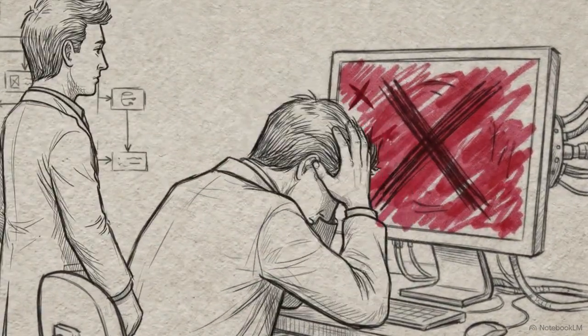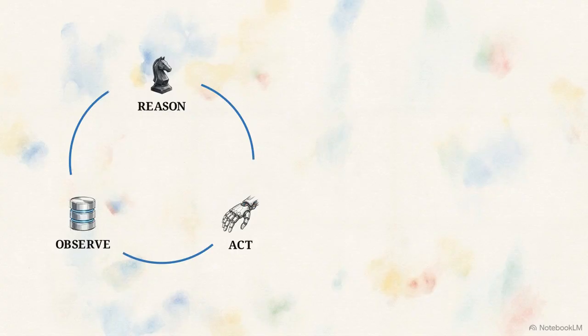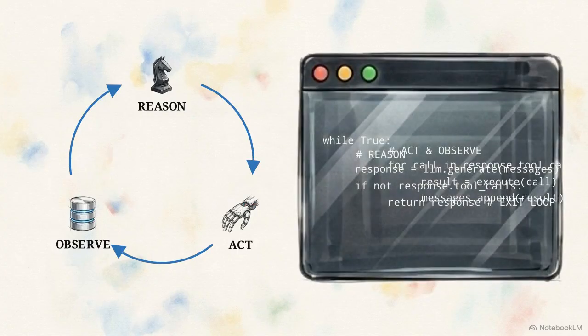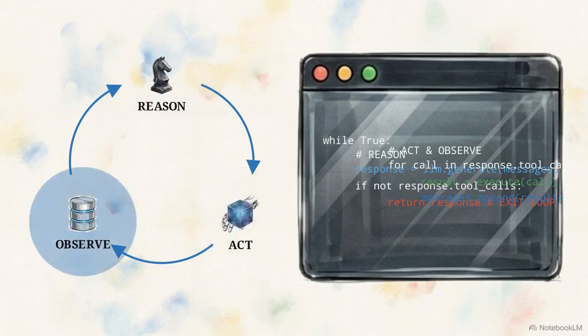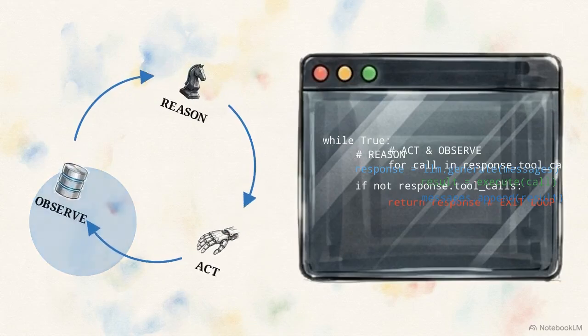Now we assemble the strategy module using the REACT pattern, which stands for reason, act, and observe. This is the core logic loop of all AI agents. We wrap the LLM call in a continuous while-true loop. In the reasoning phase, we check for tool calls. If none are called, it breaks the loop, returning the answer. If requested, we execute the tool and capture the data.